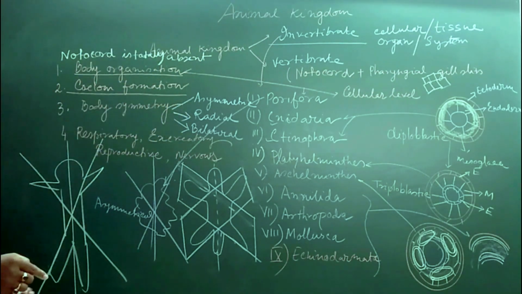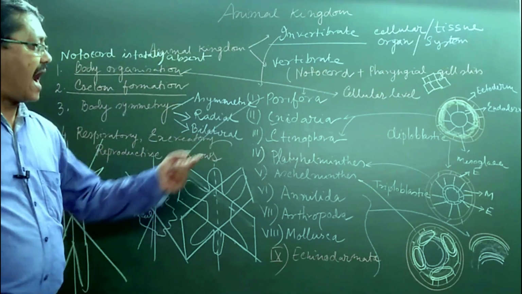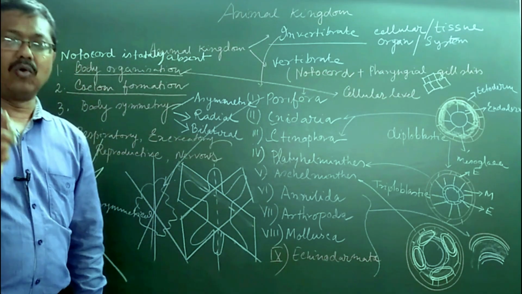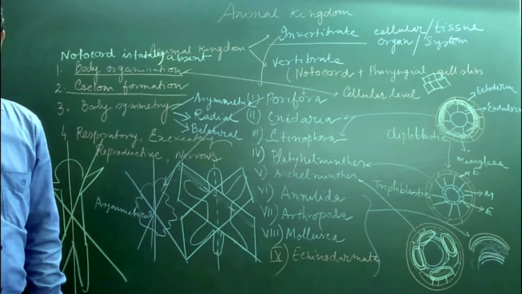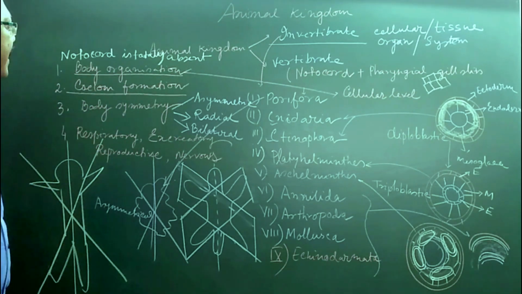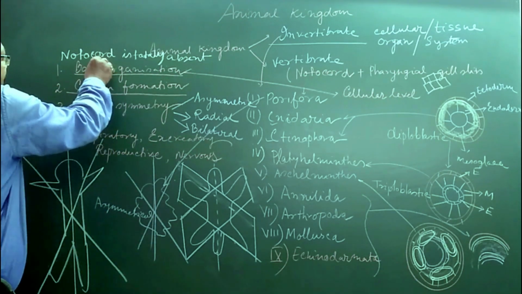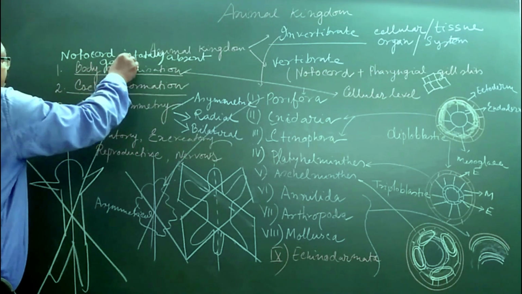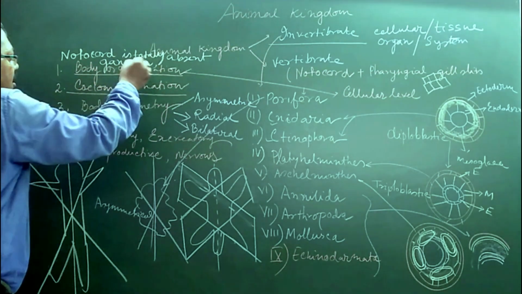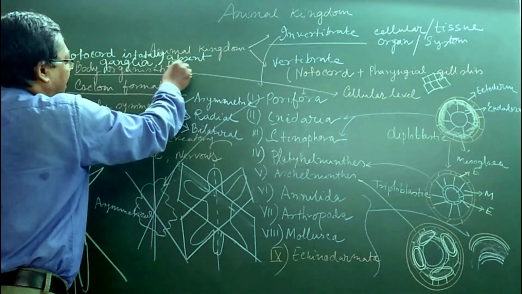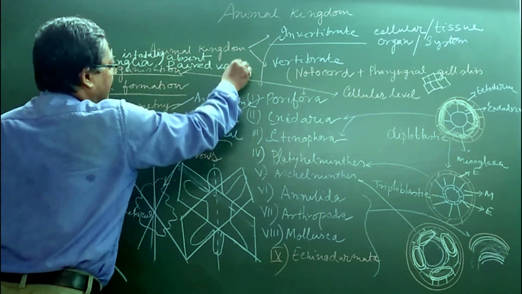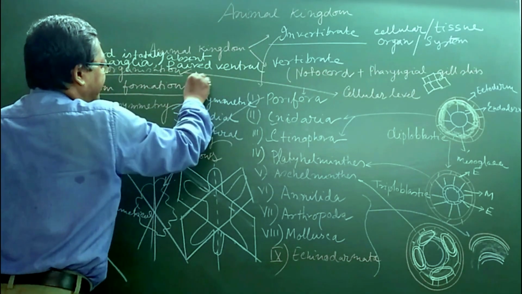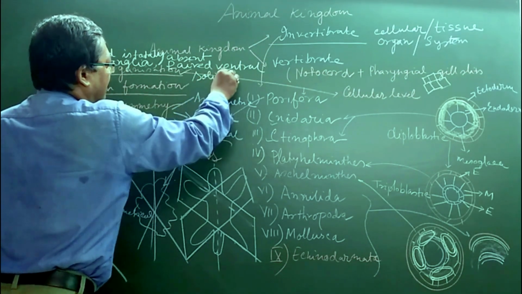In place of the notochord, the higher members show some development of a nervous system. These nervous systems may be ganglia, or it may be a paired, ventral, solid nerve cord.